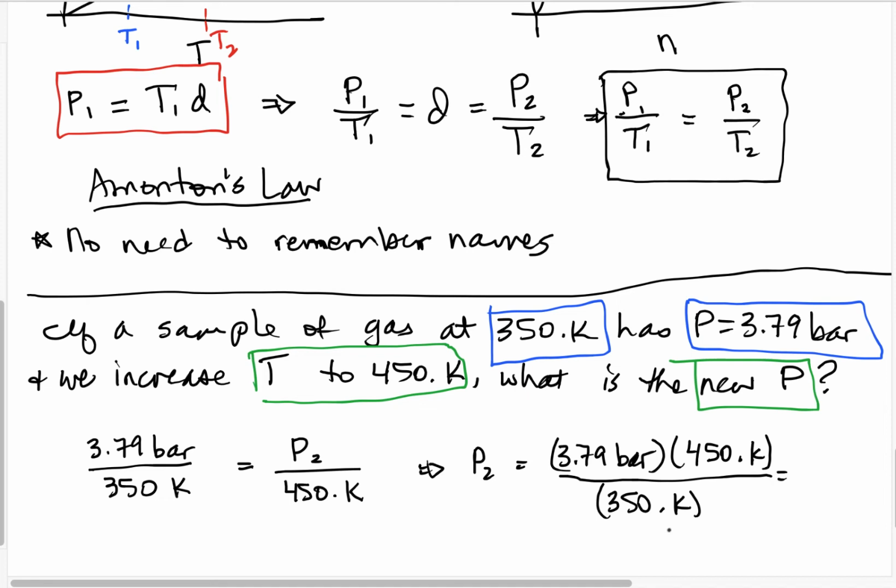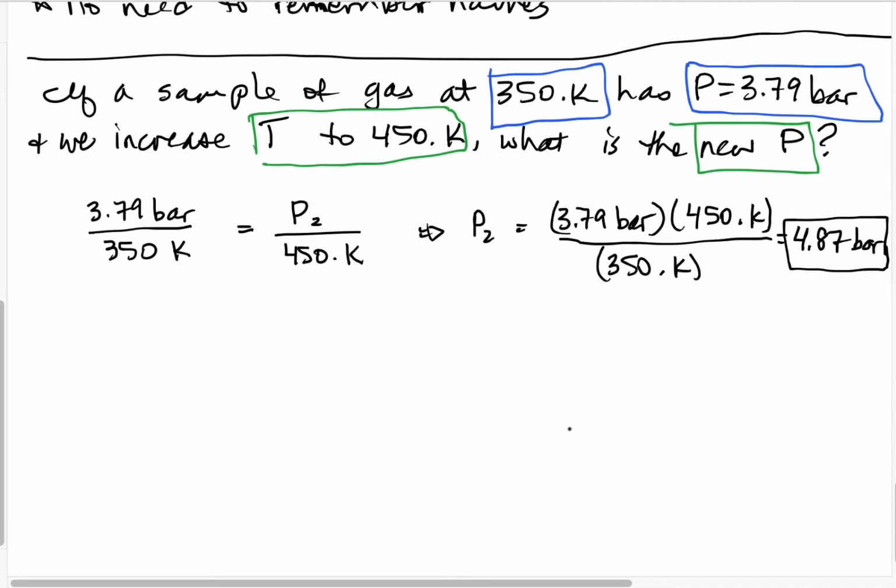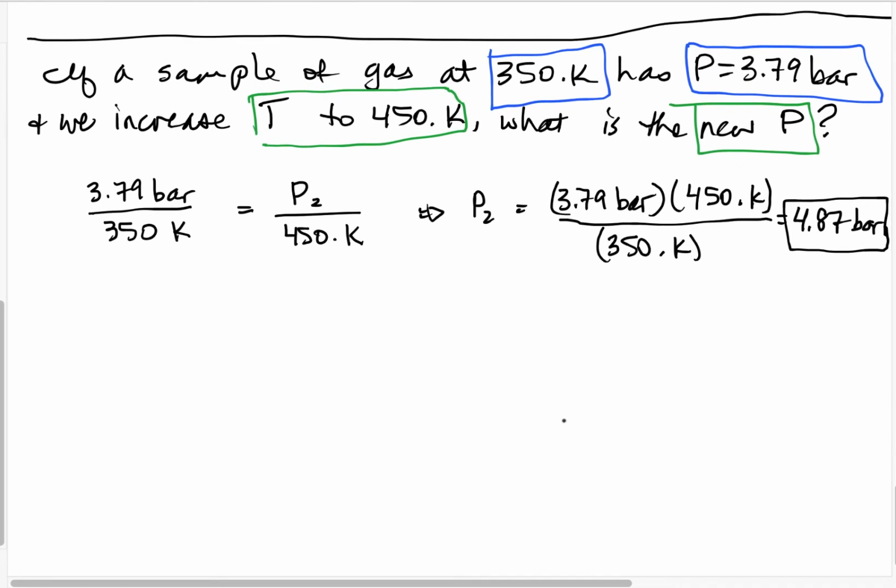And if we plug that in, we should get 4.87 bar. Oh yeah, we forgot to predict what was going to happen. So remember, we had a gas at a particular temperature and pressure, and then we increased the temperature, and we do expect the pressure to increase, and that's what it did. I'll try and remember to predict for the next one.